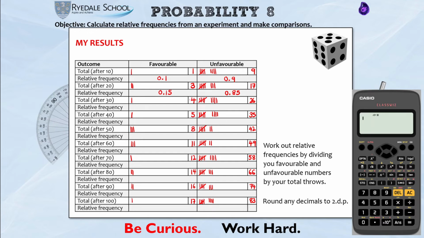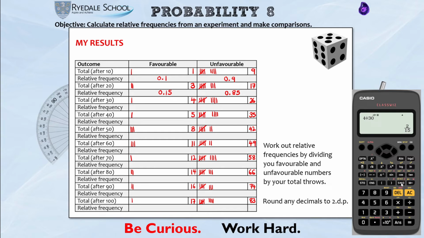Okay, now at this point, after 30 throws, I've now had 4 favourable outcomes. Now this one isn't going to be a particularly nice number as I type it into my calculator. So if I press 4 divided by 30, press equals. Yes, on my calculator, the mode that it's in, it's giving it as a fraction.